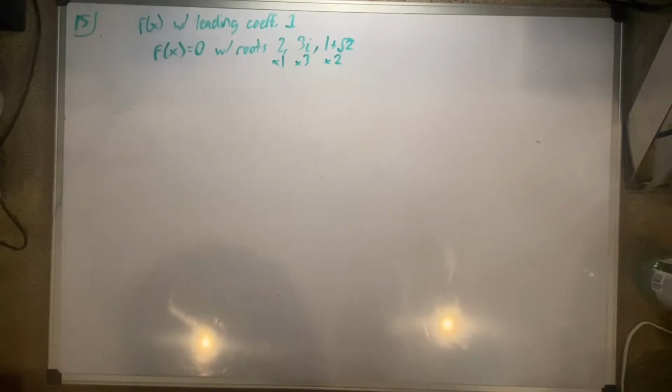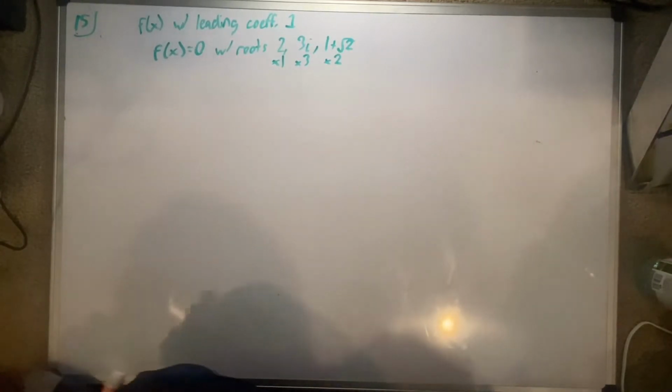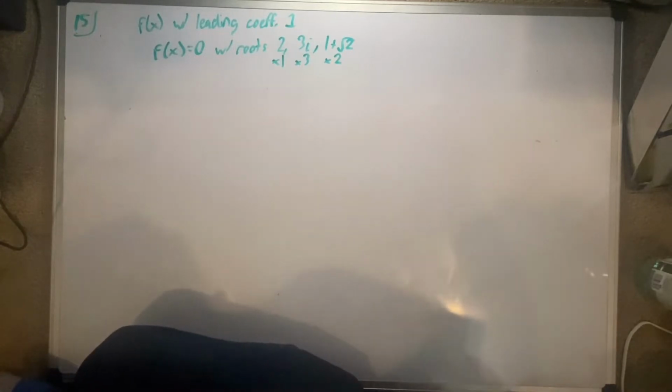Okay, now this one is actually extremely difficult. So I will explain why, because it seems easy, but we want our leading coefficient to be 1, which means it might not be easy.